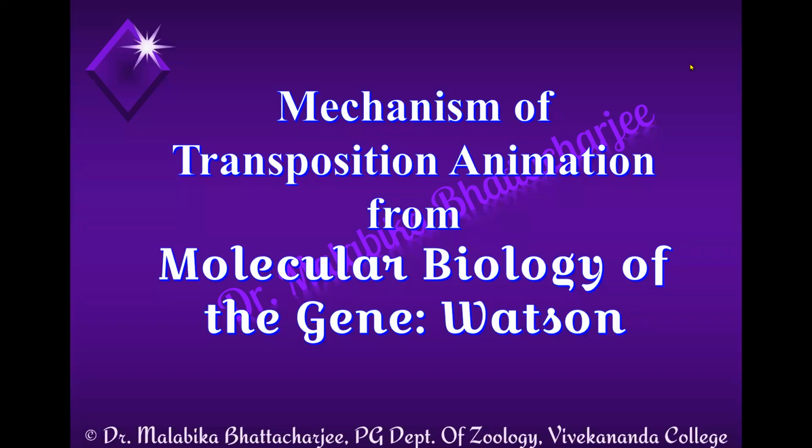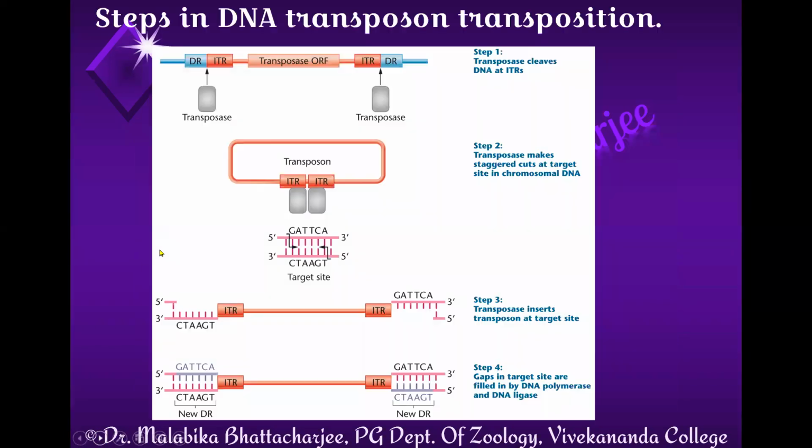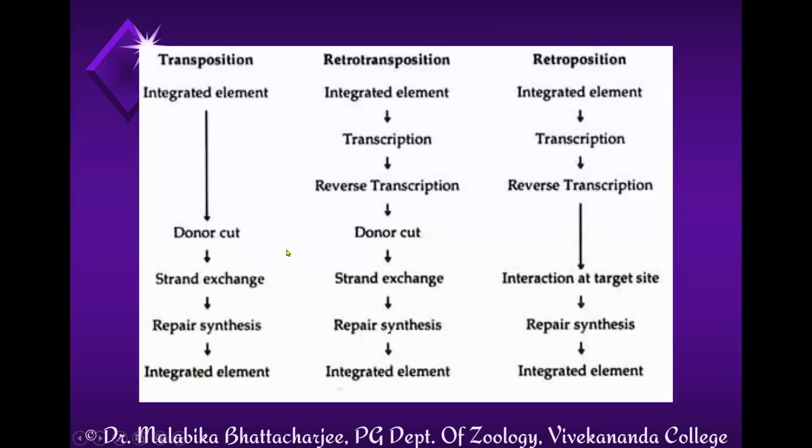So we have already done the animation part, and as I said, to recapitulate what we did last day, we did the basic steps of transposition. And when we are talking about the basic stages of transposition, there is this donor cut stage occurring in the cases of transposition and retrotransposition.